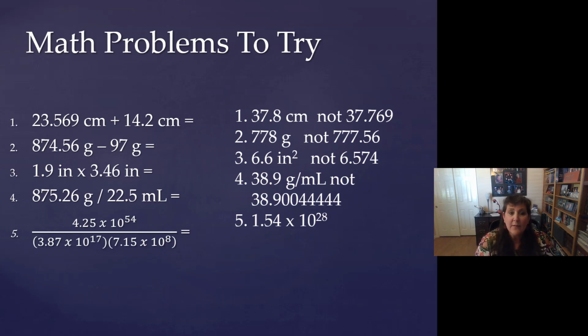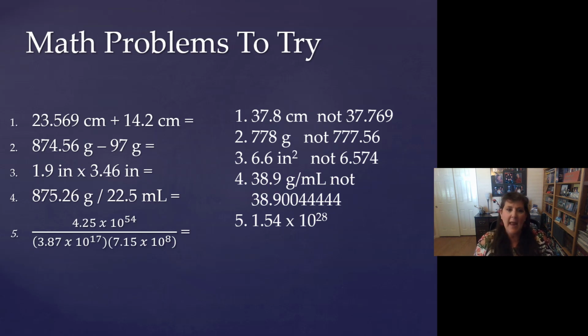Number 4, we're dividing. So do we go by sig figs or decimal places? We're dividing. Yeah, sig figs. Go with the least. What's the least amount of sig figs? 3, right? 22.5 milliliters is 3 sig figs. So the answer is 38.9 grams per milliliter.